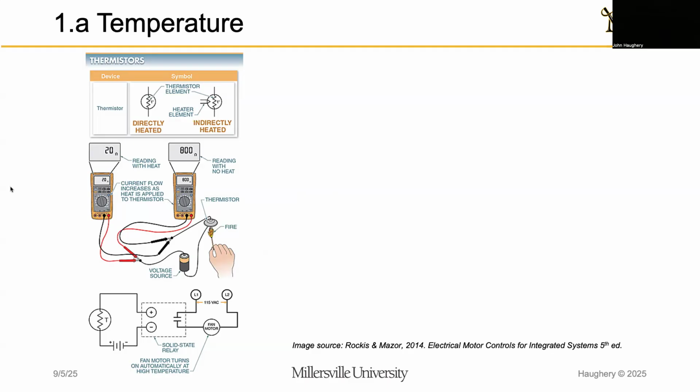So the way this works, if we apply a voltage across a thermistor, we can have a voltage drop that correlates with that resistance. And as the temperature changes and the resistance changes, the voltage drop across the thermistor will change. We then use that voltage to drive or control a solid state relay. And we're going to talk about those in more detail later. But a solid state relay functions very similarly to a mechanical relay, except that there's no coil with electromagnetic forces that are produced, but there are transistors.